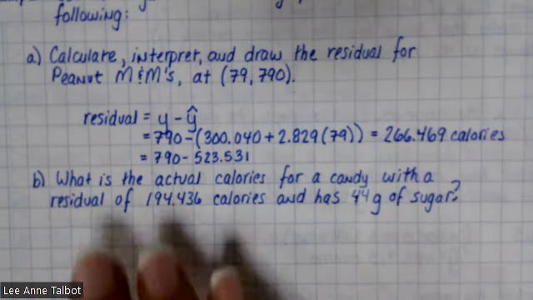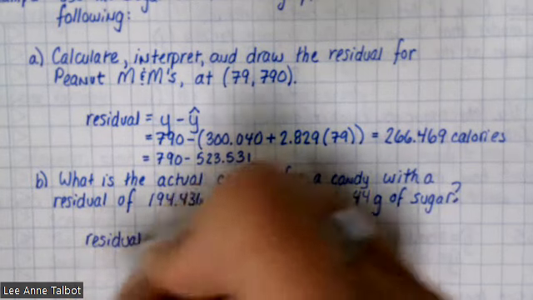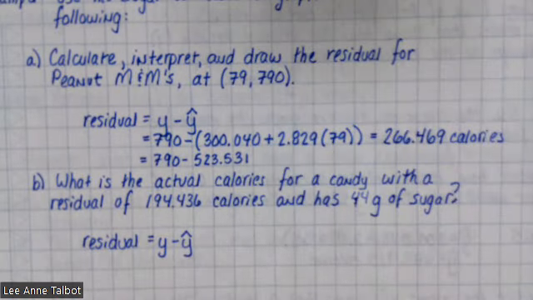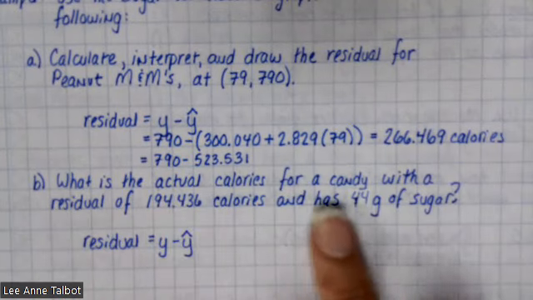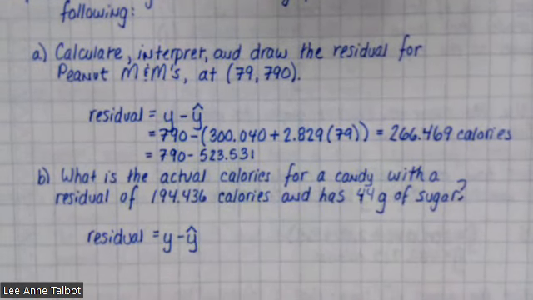Okay, now let's do this one. What is the actual calories for candy with a residual of 194.436?